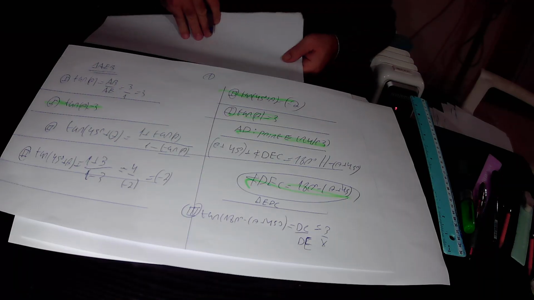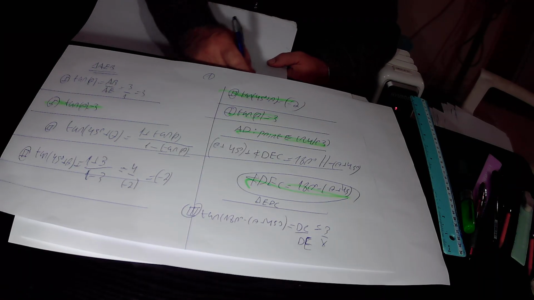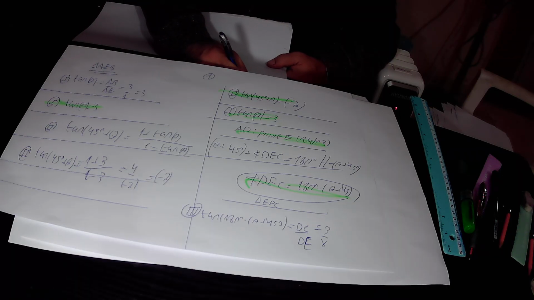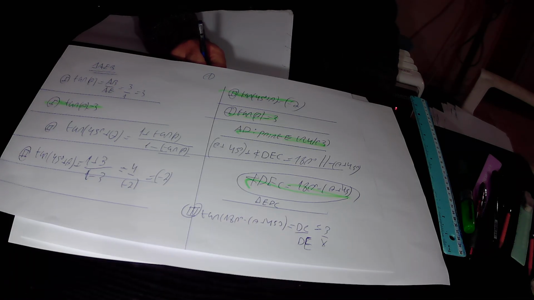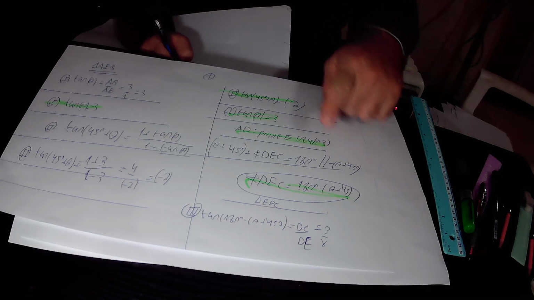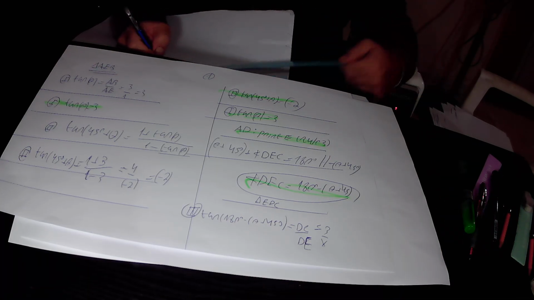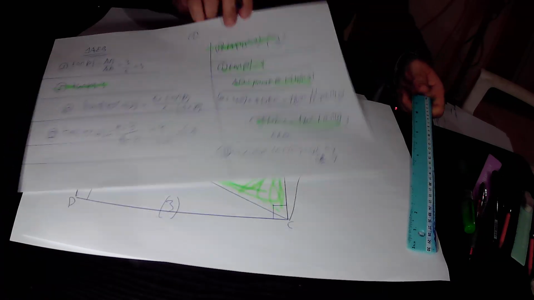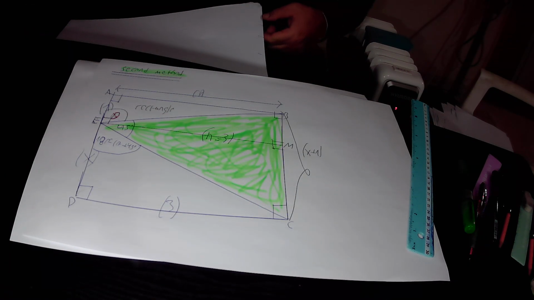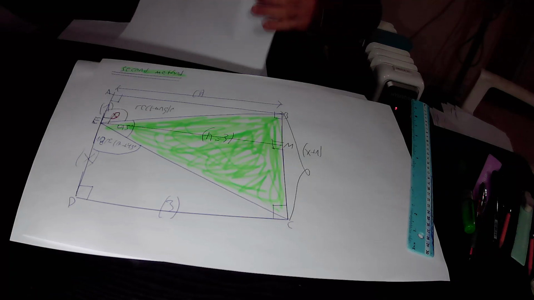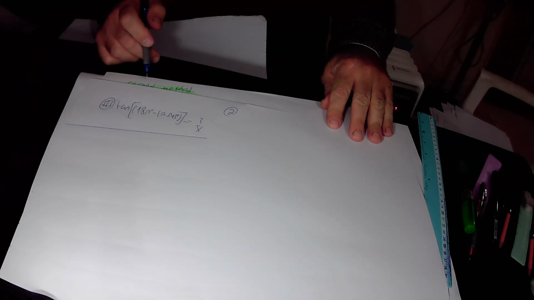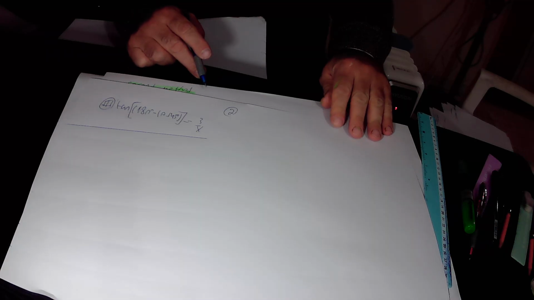According to equation 3, we found out that tangent of (180 degrees minus (theta plus 45 degrees)) equals 3 over X.